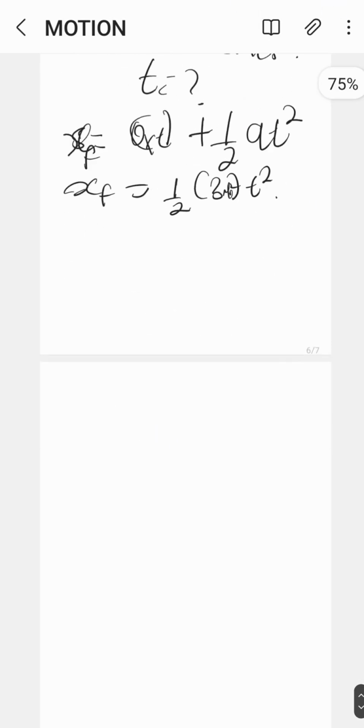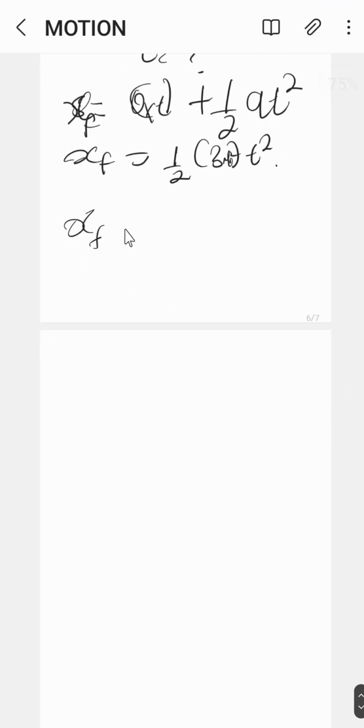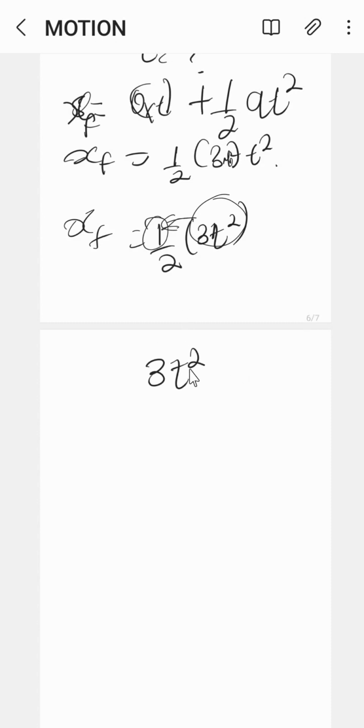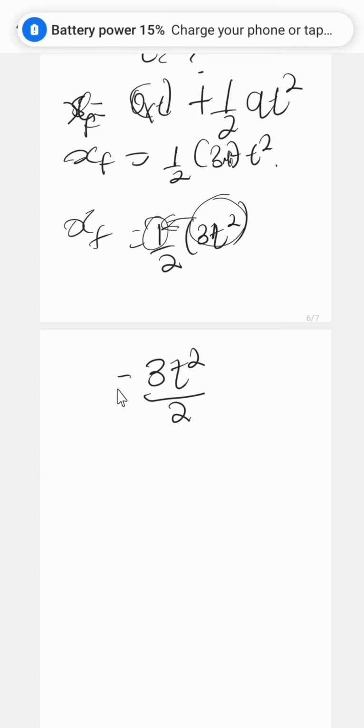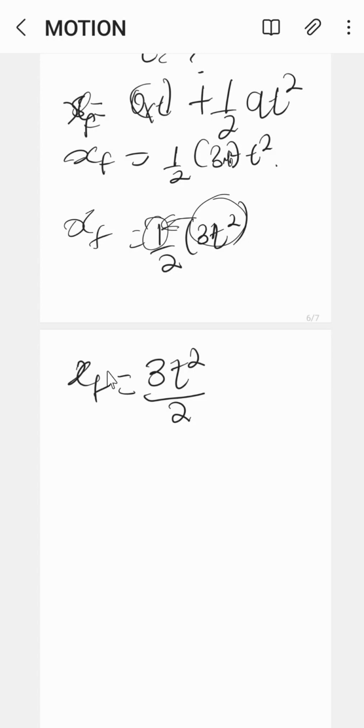So now we have xf is equal to half multiplied by 3t squared, which you can write as 3t squared on top over 2, is equal to xf. This will be equation 2.